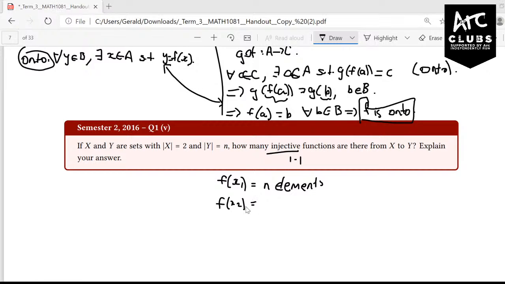Because x1 and x2 must be different. So here we will have n minus 1 elements. And so in total, there will be n times n minus 1 many injective functions.